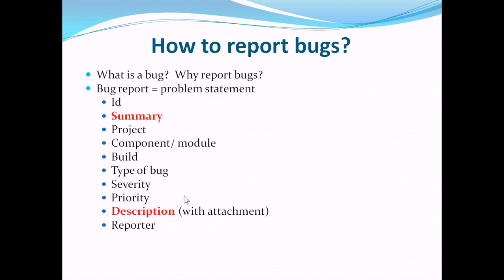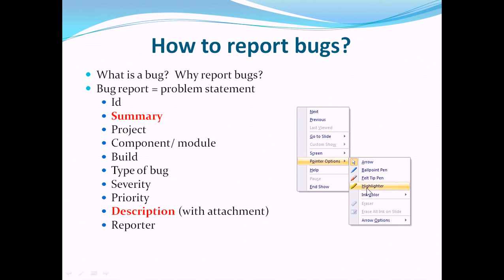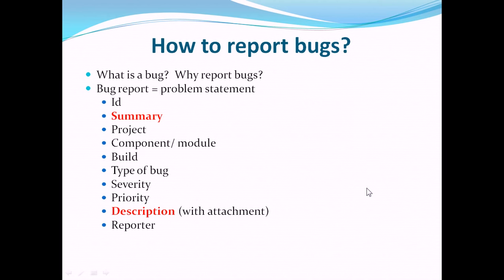Now let us see what the bug report is. Since the bug is a problem with the system, something that is unexpected within the system, any unexpected behavior or any unexpected errors or unexpected state, any kind of problem within the system, that has to be documented within a bug report. Now, you don't have to write everything yourself in the bug report. Many projects use bug tracking systems.